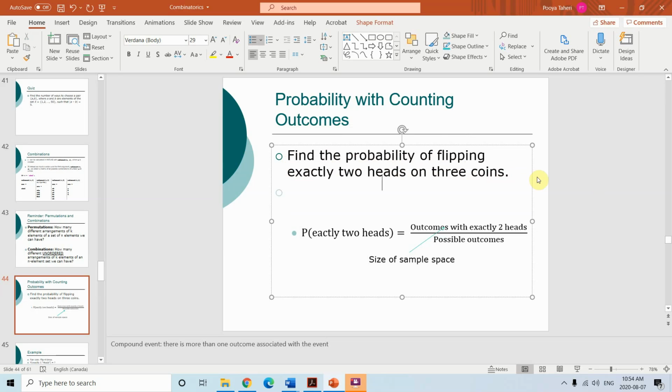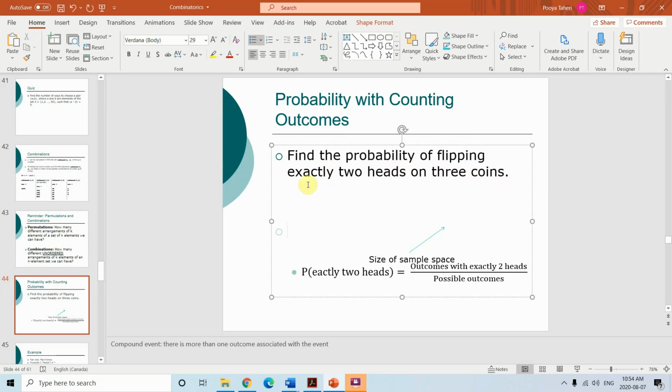Okay, so if I flip 3 coins, or if I flip a coin 3 times, these are the possible outcomes that we can have. We can either have head, head, head; head, head, tail; head, tail, head; head, tail, tail, right?